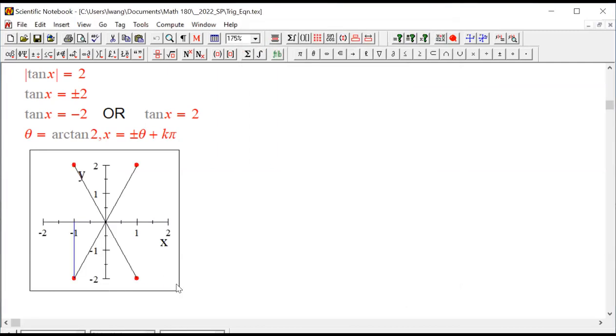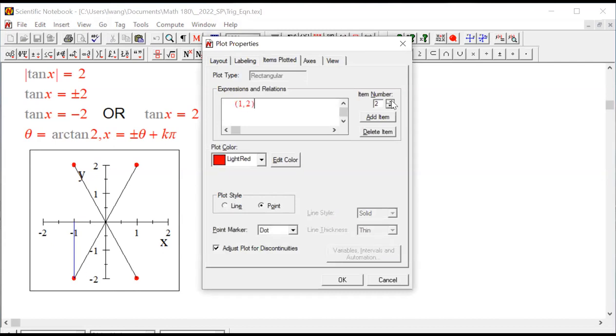That's the blue. I'm going to make it thicker. Make it another blue.